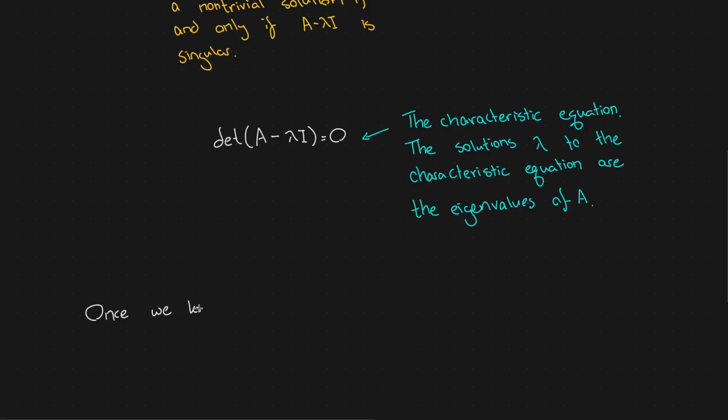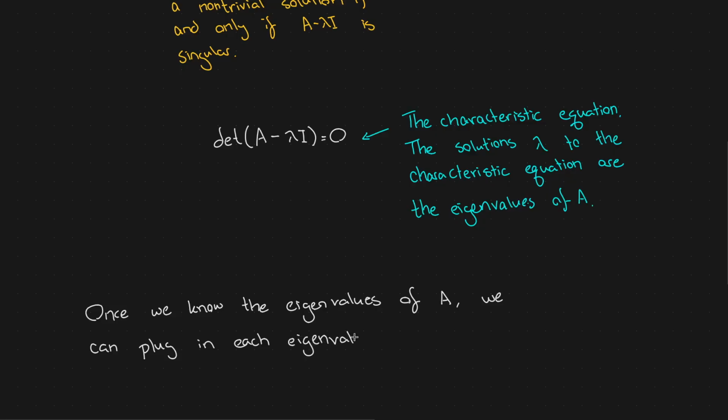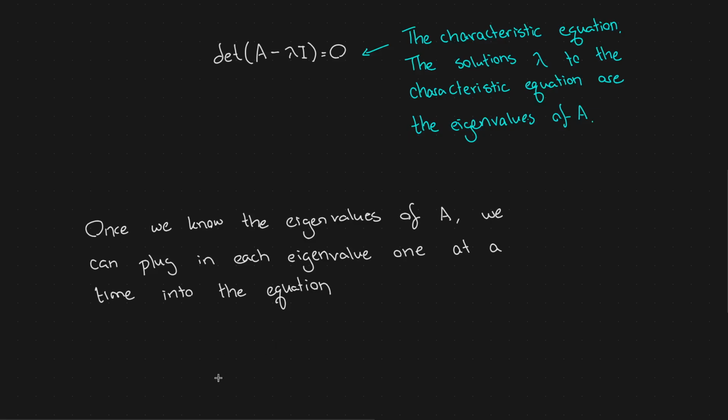Once we know the eigenvalues of A, we can plug in each eigenvalue one at a time into the equation A minus lambda I x equals 0 and solve for x.